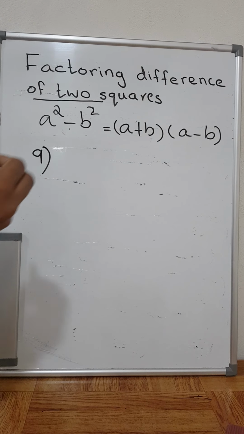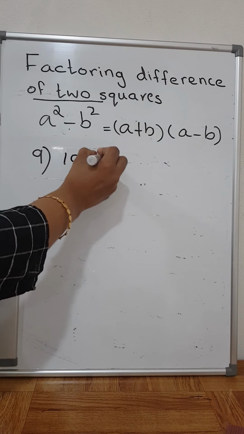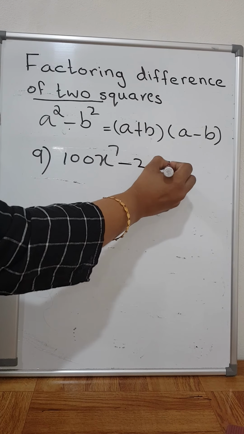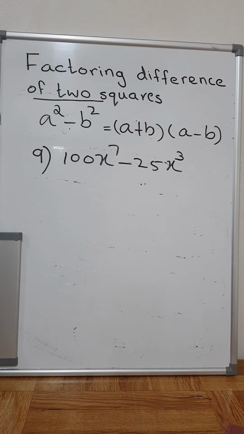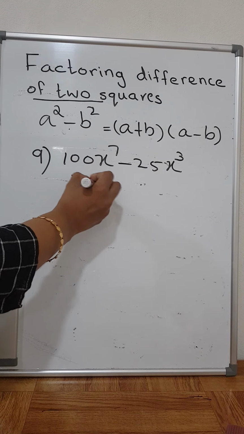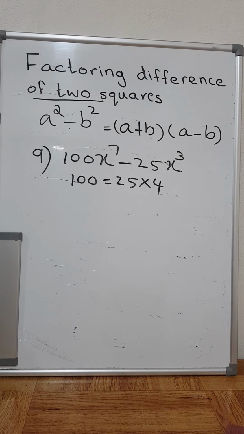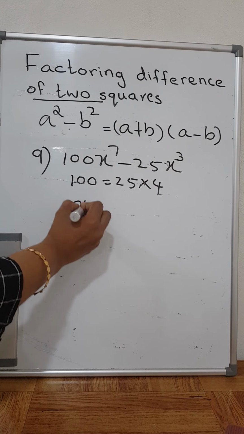Ninth one, 100x to the power 7 minus 25x cube. You can see some common factors here, right? 100 is 25 times 4. So definitely 25 is a common factor. Then you see x to the power 7.